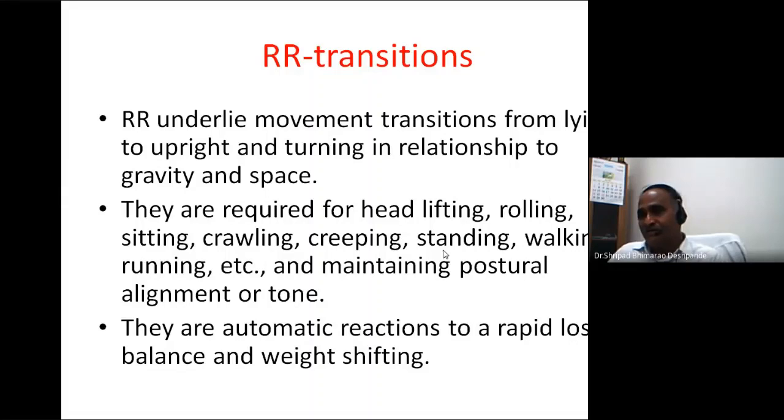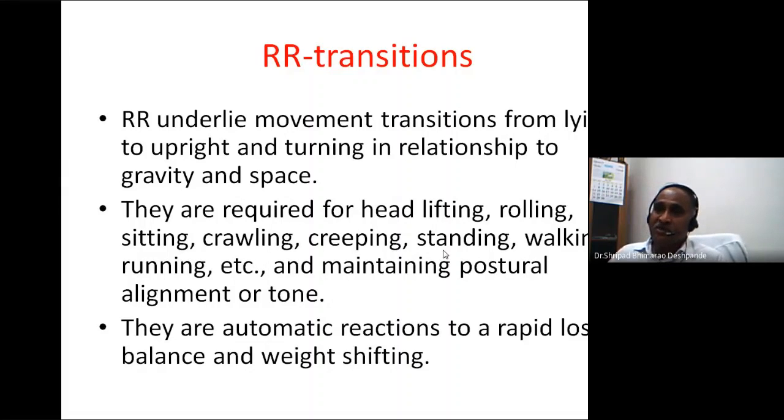Rolling, that means turning around, how you change the head and the entire limb structures. Crawling, as the child does: the head is kept up, the upper limb is mostly flexed, and the lower limb is used accordingly. Creeping, standing, walking, running, etc.